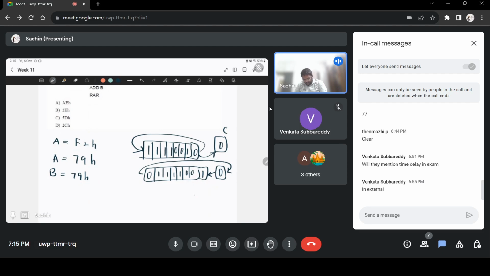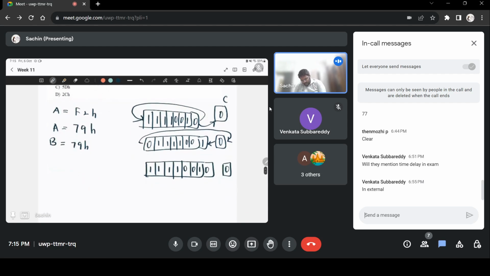So the number will become 1111 0010 with carry 0, and you do that again. This is one RAL, not RLC, it's RAL.